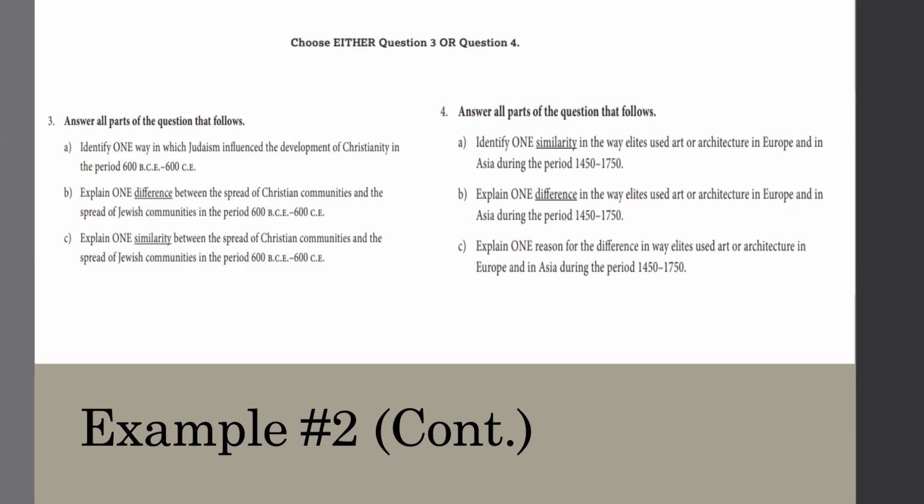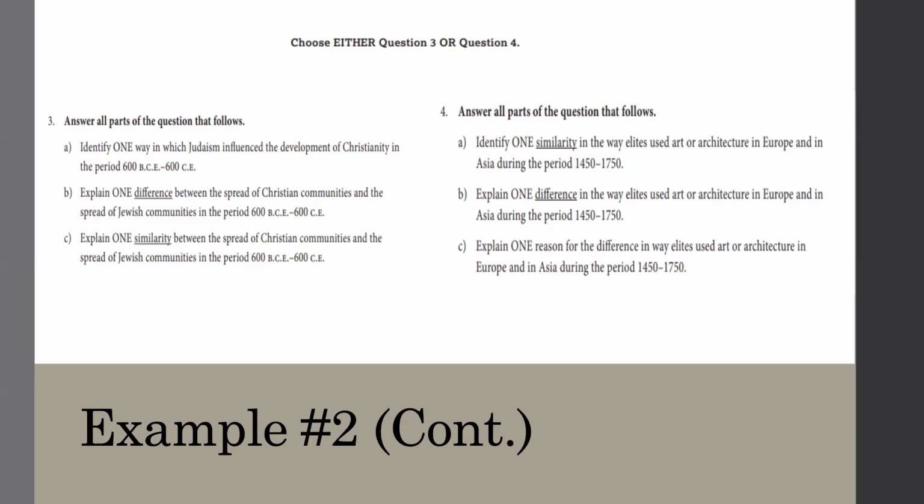Do not do both. You will not have the time to answer both. And also, why would you answer both? So, my best advice for when it comes to choosing either question 3 or 4: pick the one that you know the most about.